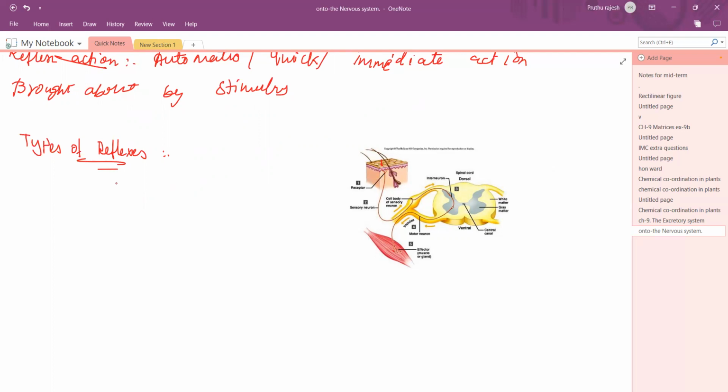So next, conditioned or acquired reflex. A conditioned or acquired reflex is one in which previous experience is required, like giving hand signals, applying brakes, playing a musical instrument, etc., etc.